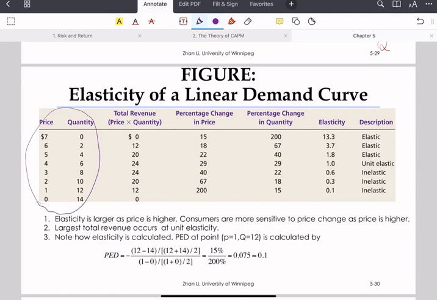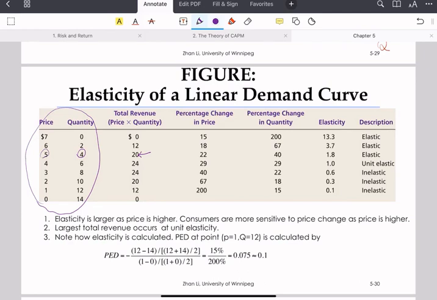And given price and quantity, we can obviously find out total revenue. For example, this 20 equals 5 times 4. And we could also calculate elasticity at each price quantity pair.